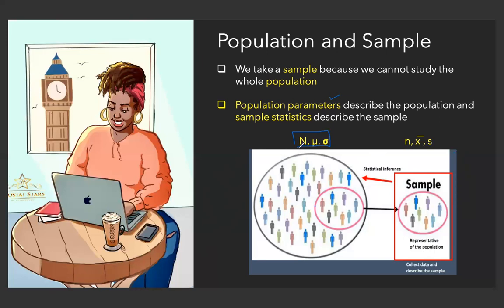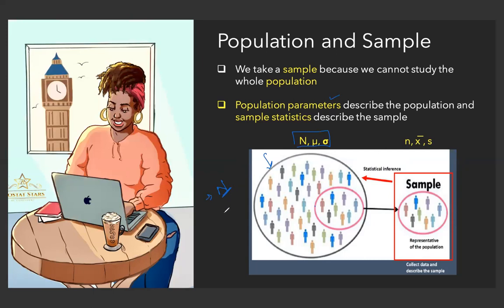Again, population parameters, these are characteristics that describe our population. So if this big circle is a population, the first parameter we could be interested in is population size, like how many people are in this population. So this is big N. This is what big N stands for, is the population size.